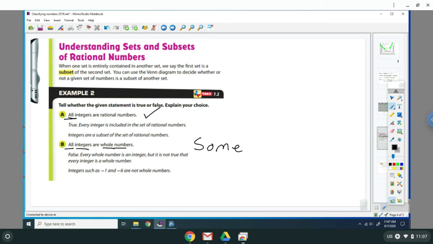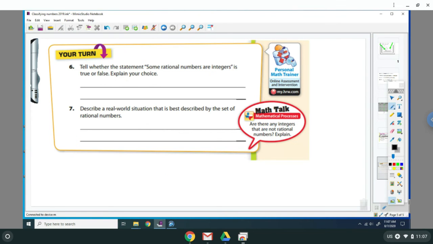Okay, why don't you pause the video and try these true or false questions? Tell whether the statement some rational numbers are integers is true or false. That's true, because not all rational numbers become integers, but some of them do.